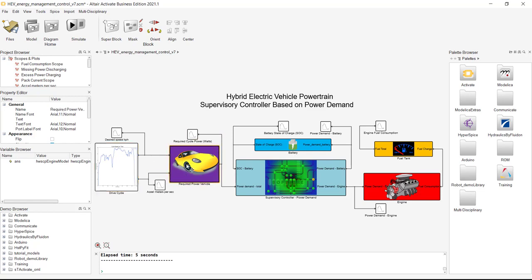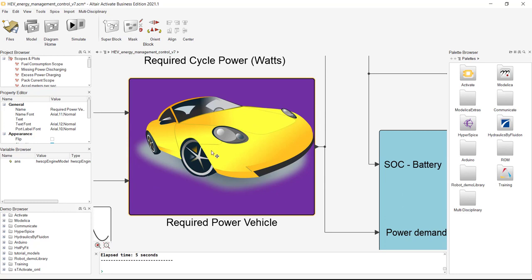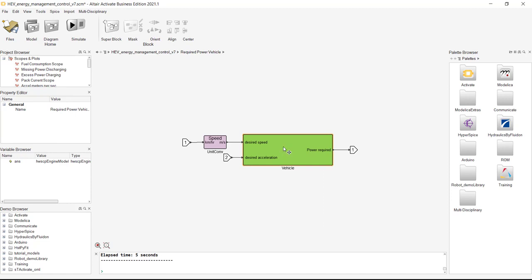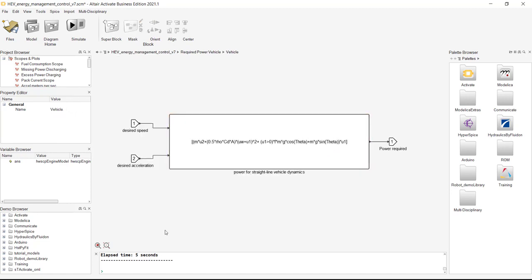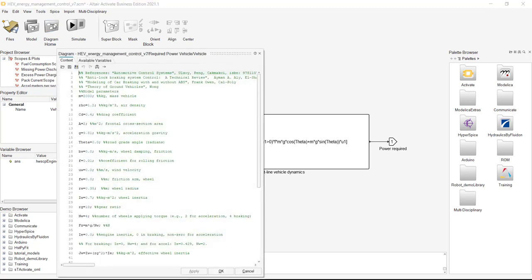And then this purple block here, I'll zoom in. This is basically what our previous model was to a large extent. If I go inside, a couple levels deep in here, I'll open up the diagram context up in the top left here.